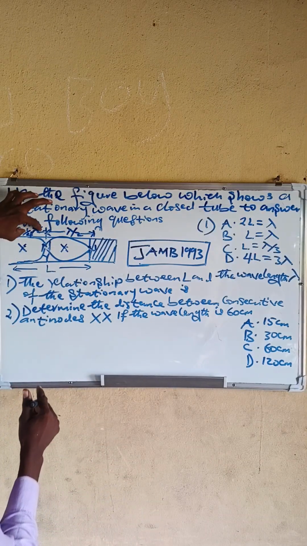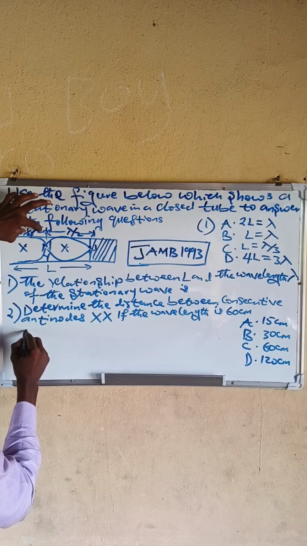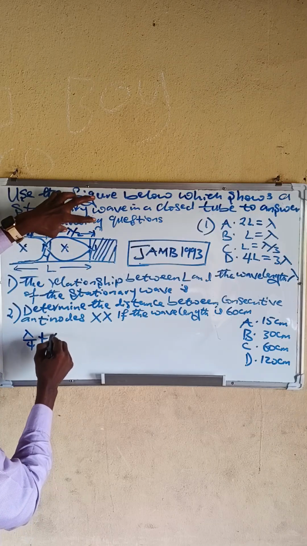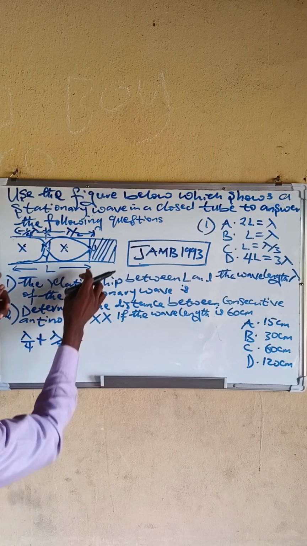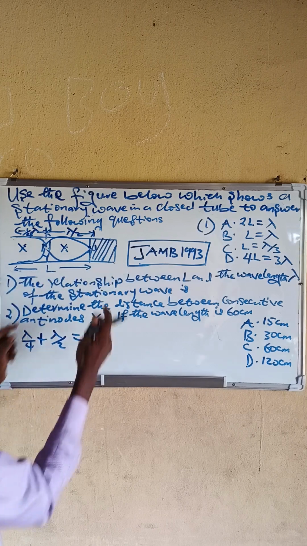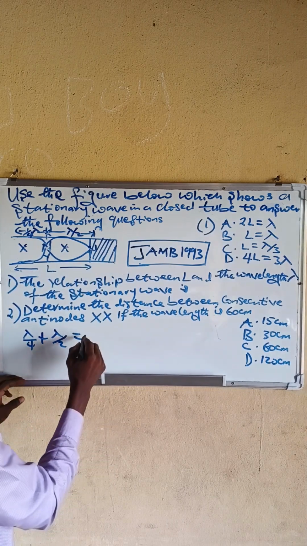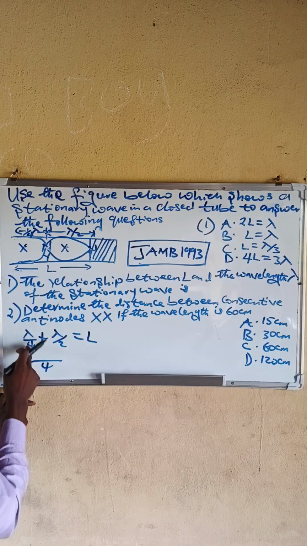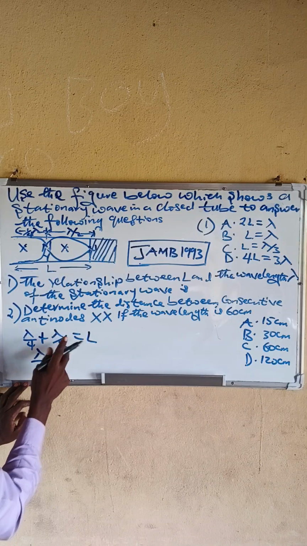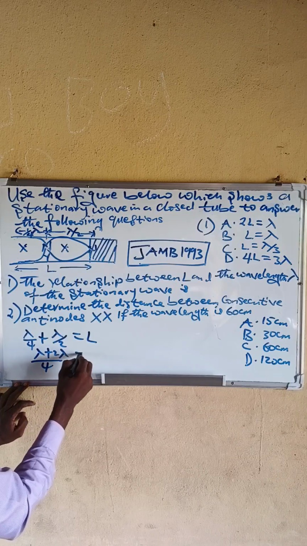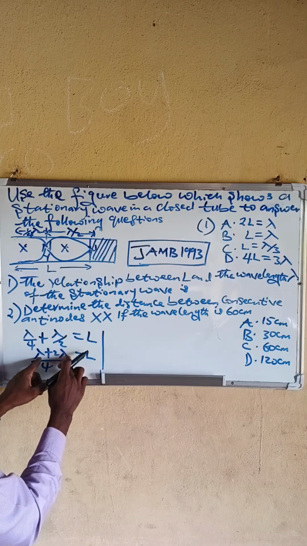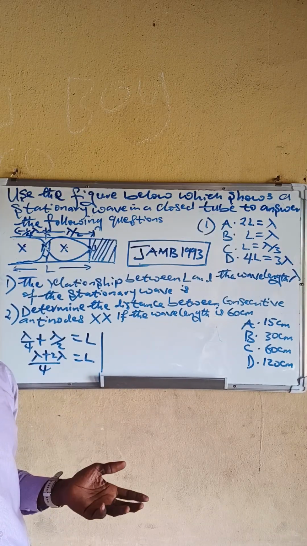So this one here, that is 1/4 wavelength, plus this one here, that is half wavelength, is equal to this L from here to here. You understand? So that gives us L. This and this is 4. Then you have lambda. This to this is 2 lambda equal to L. And that will give me this plus lambda plus 2 lambda will give us 3 lambda.